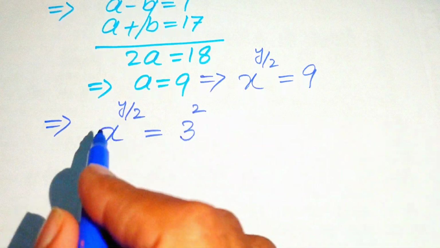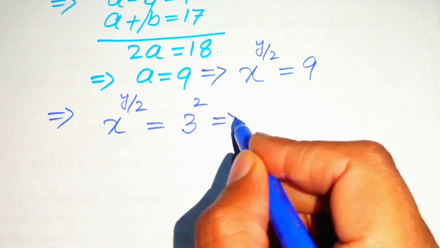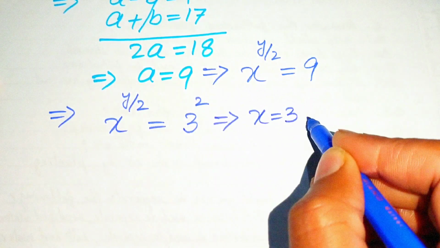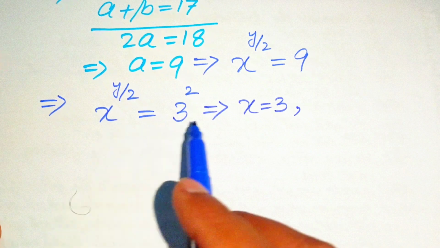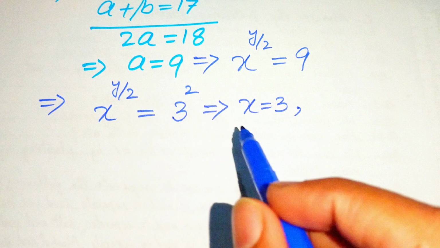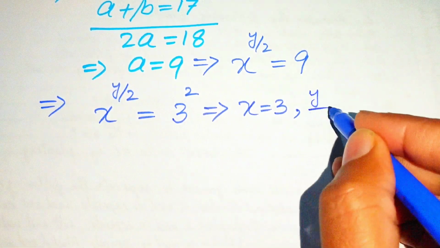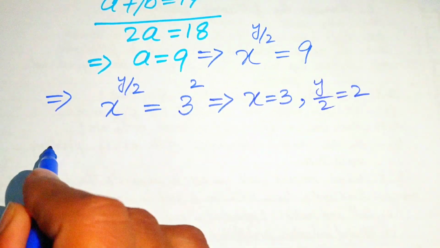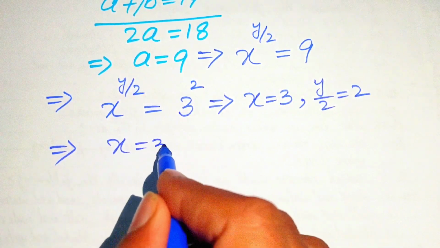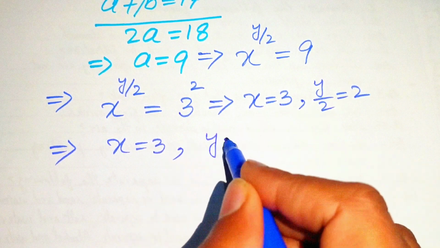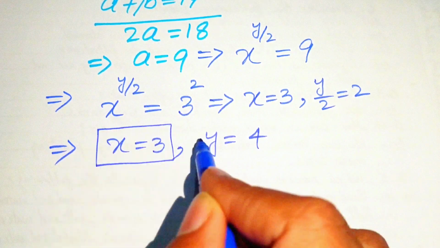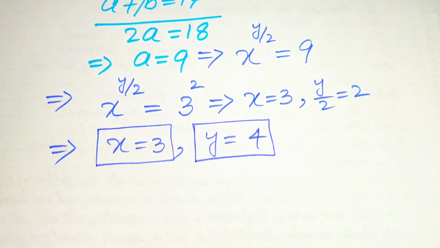Now we compare both of the sides: when you compare bases you get x equals 3, and when we compare the exponents, we get y over 2 equals 2. So this implies that x equals 3 and y equals 4. We get these two values of x and y.